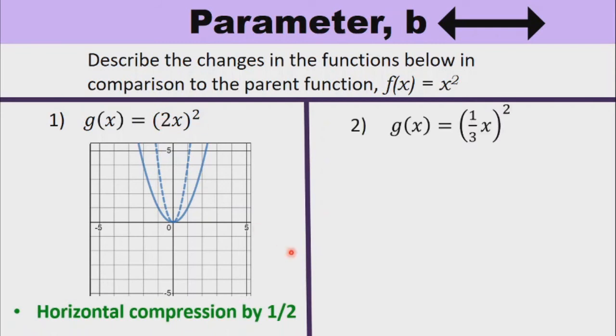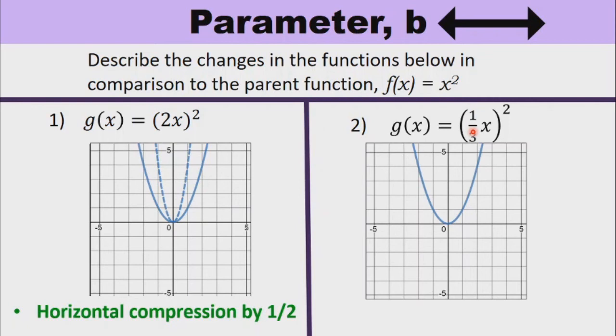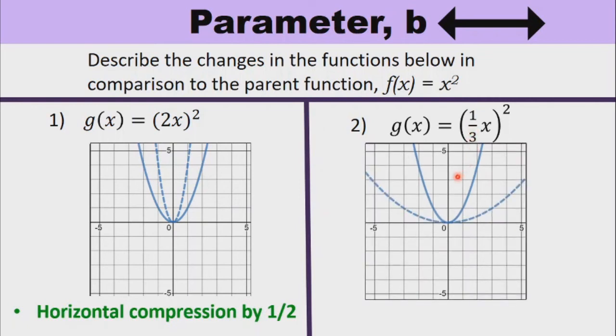Example 1 is the case where the absolute value of B is greater than 1. And example 2 is the case where B is between 0 and 1. In this case it's 1/3. This is the parent function, and now you can see a horizontal stretch.